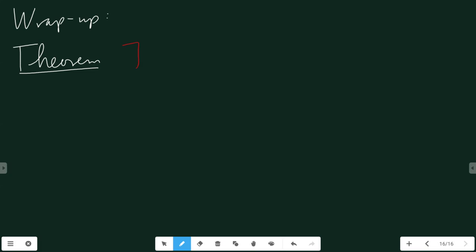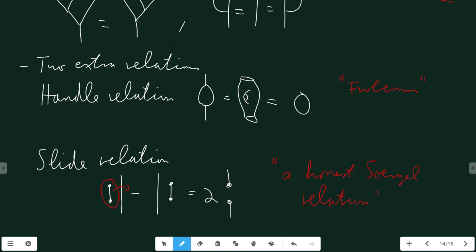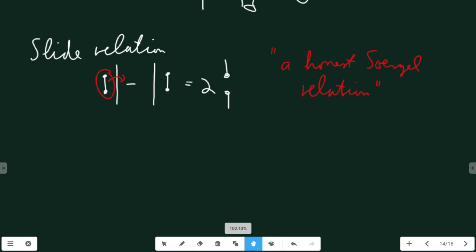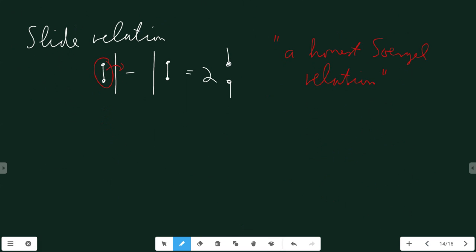There exists a category, a tensor category that I call HBS of type A1.